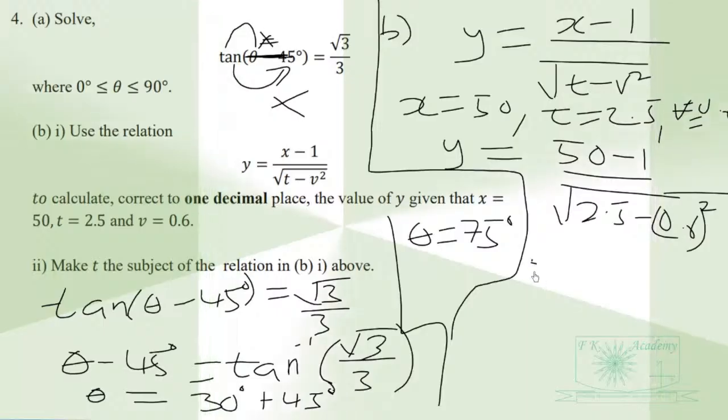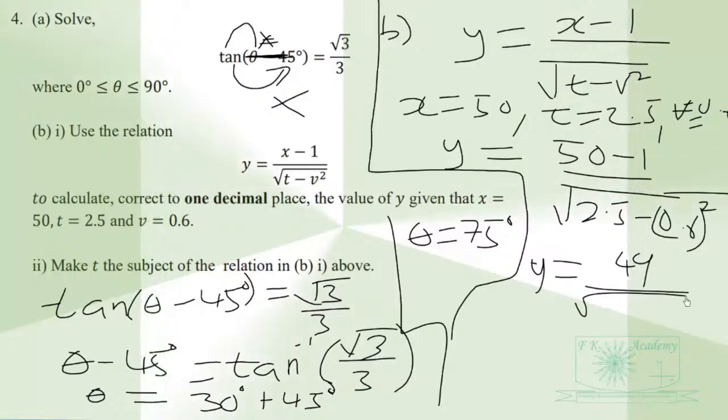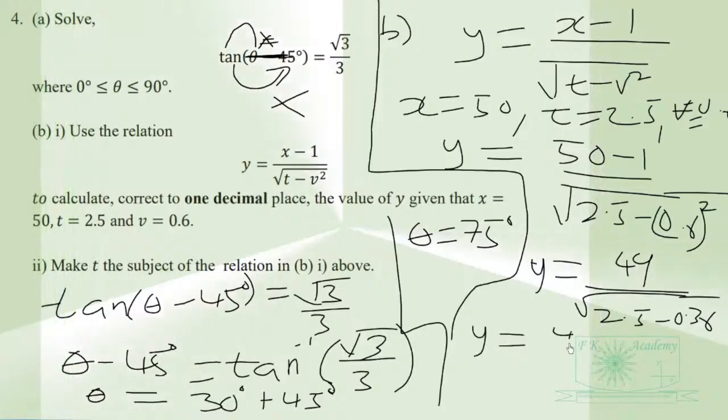So this will give us y to be equal to 49 over square root of 2.5 minus 0.36. So this will give us y to be equal to 49 over square root of 2.14.